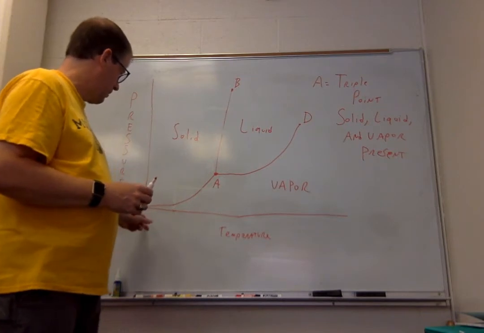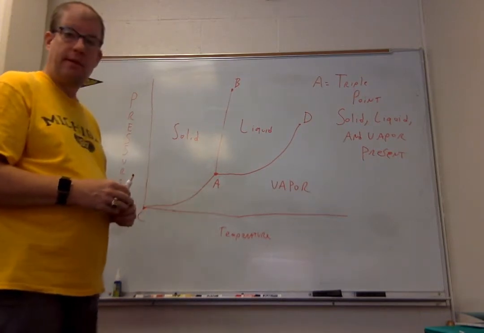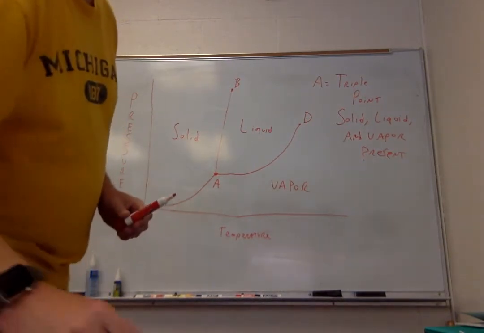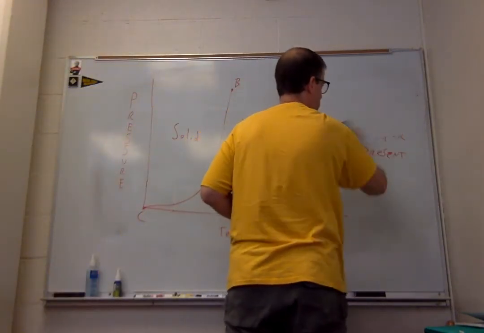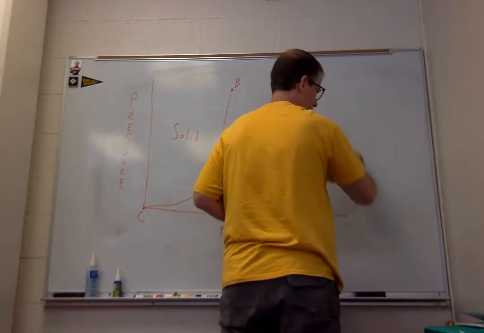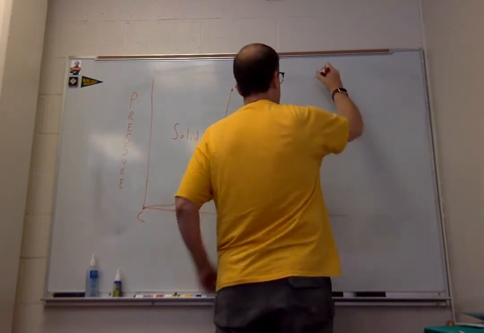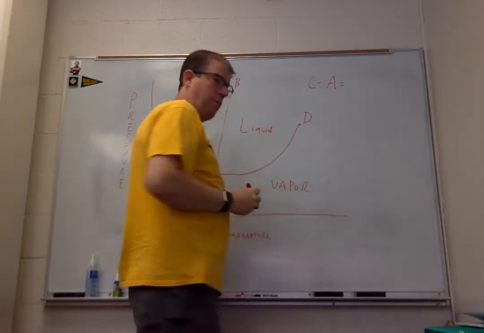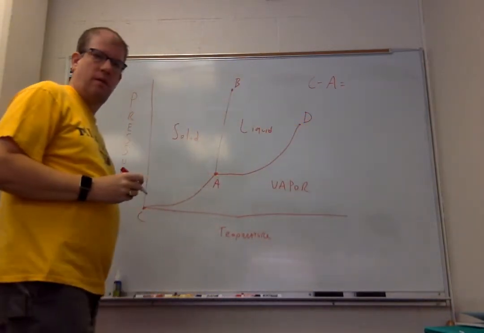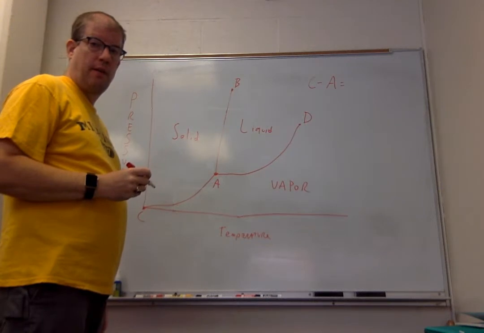So that's the triple point. What then would we call this segment here, C to A? That is what's called the sublimation line.